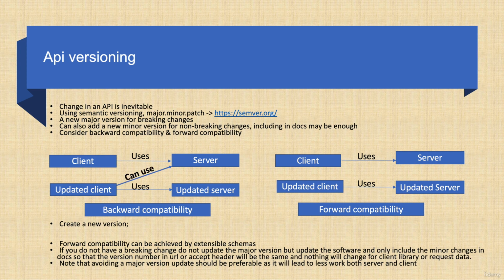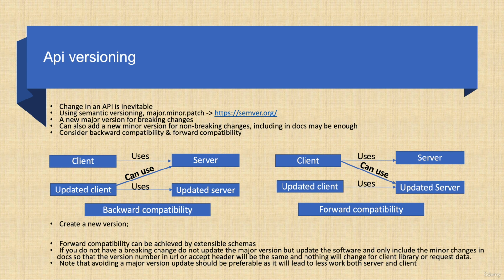Backward compatibility says that if you have an updated server and a new updated client, which is actually updated to be able to work with the new updated server, then the new client will also work with the old server code. Forward compatibility, on the other hand, says that the client will be able to work with an updated server without doing any change on the client side.